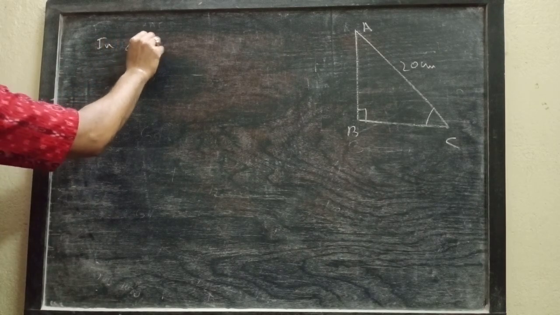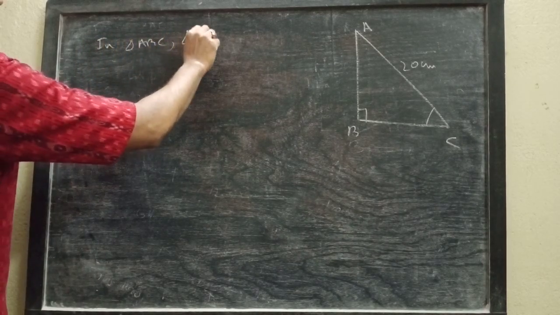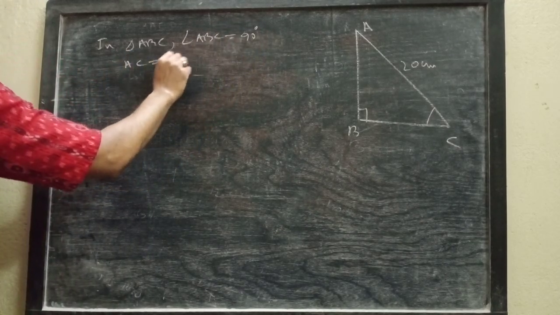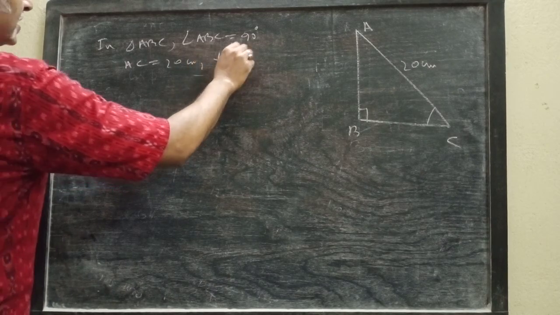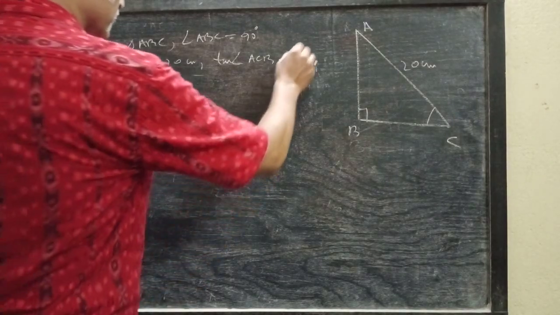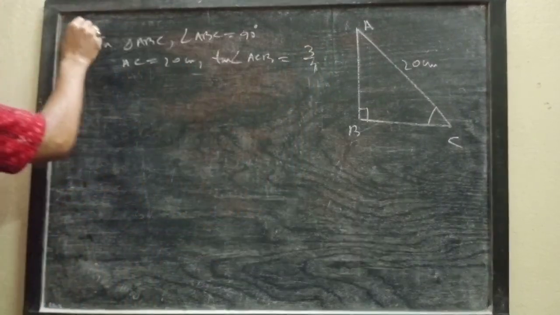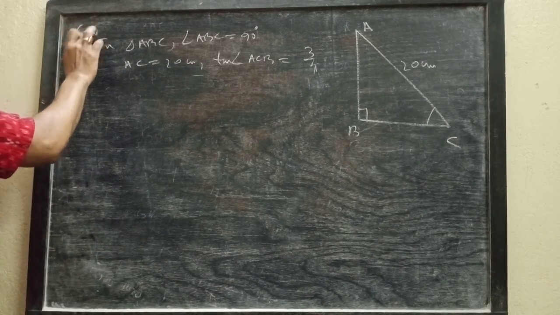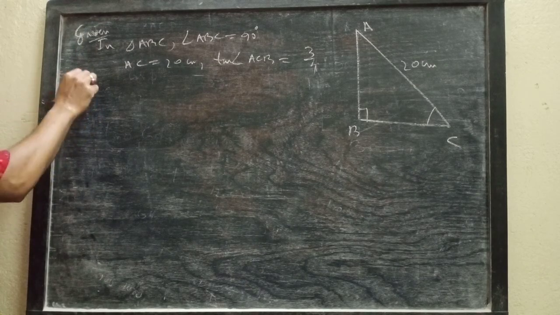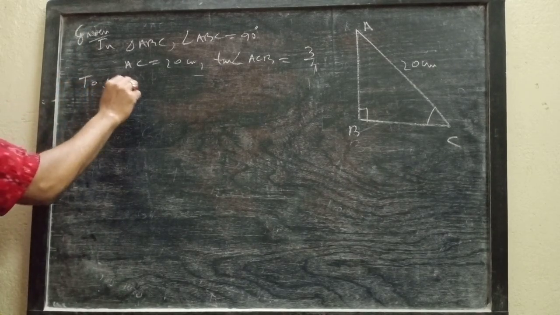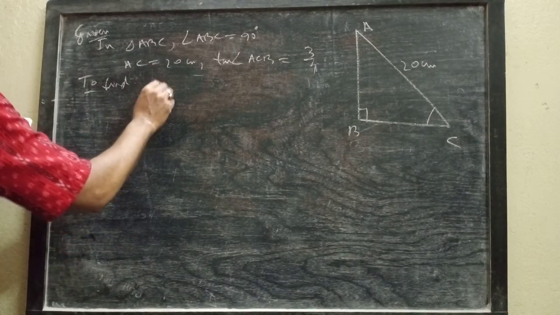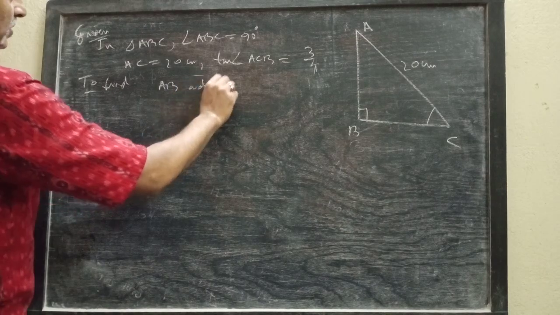In triangle ABC, you have angle ABC is 90 degree, AC is 20 centimeter, and tangent of the angle ACB is given to be 3 by 4. These are all given facts. To find, you have to find length of AB and BC.